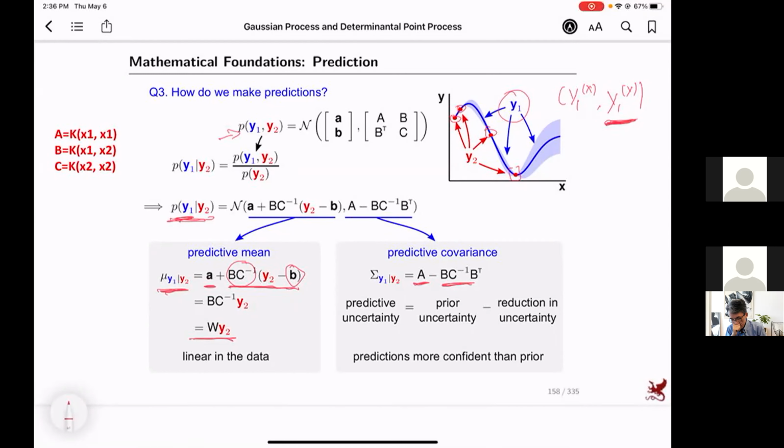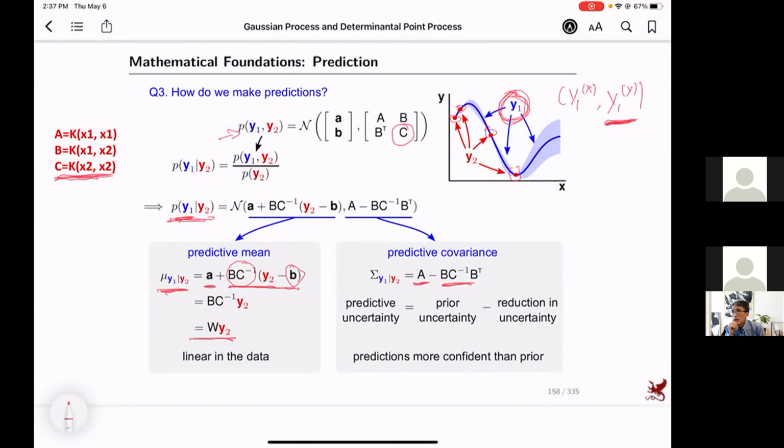When you only use y2 to compute the likelihood, you're going to need a C, its covariance. And the C involves this kernel function, involves those hyperparameters we want to estimate. So if we can maximize that likelihood, we can choose the hyperparameters of this Gaussian kernel. And after that, if I have some new values where I only know x, but I don't know y, which we denote as y1, I can use those hyperparameters to make predictions.